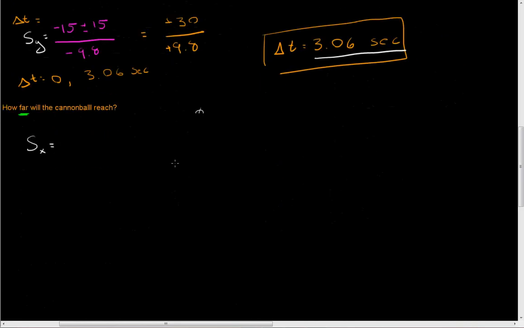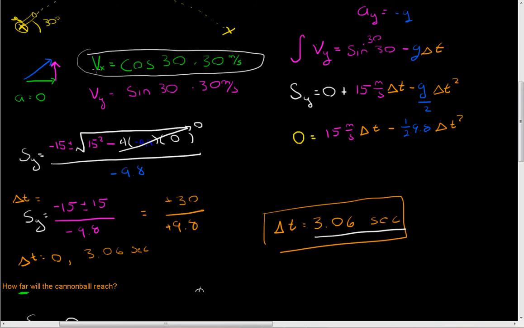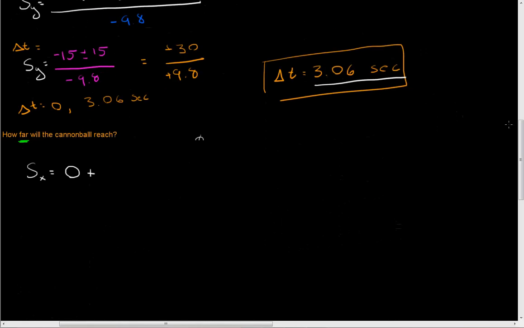So our initial position is equal to 0 plus our initial velocity, which we calculated here in the x component, is the cosine of 30 degrees times 30, plus 1/2 our acceleration times delta t squared. My apologies.